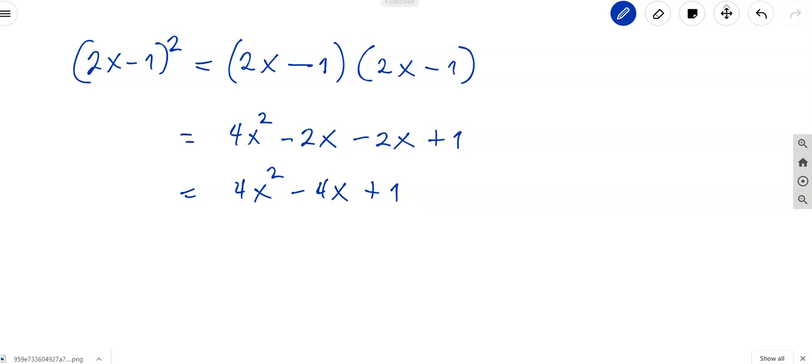Okay, another example. What if we will have x minus 4 squared? What will be the product?